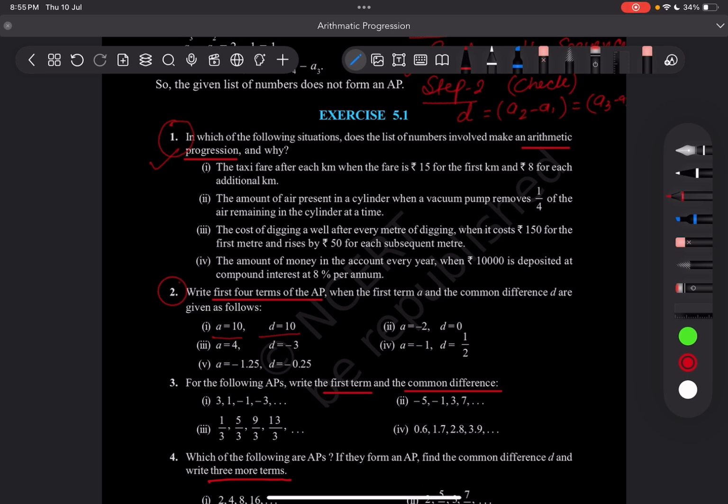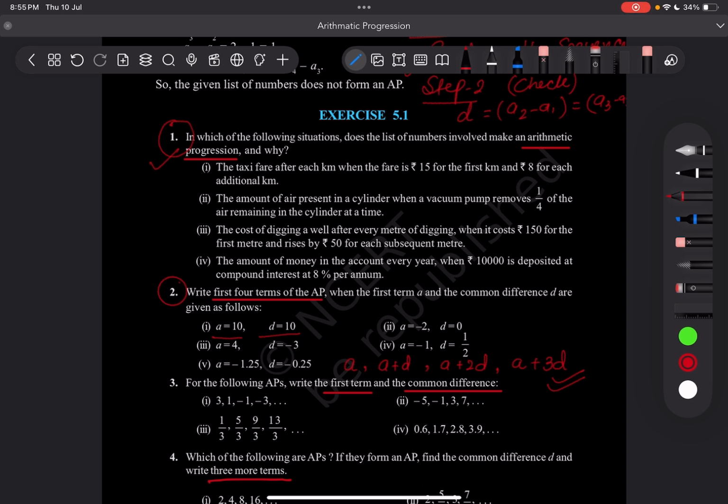So the first term will be A itself. The second term will be A plus D. The third term will be A plus 2D. The fourth term will be A plus 3D. And you have to write the first 4 terms only. So these are the terms that you will have to write while solving this question.